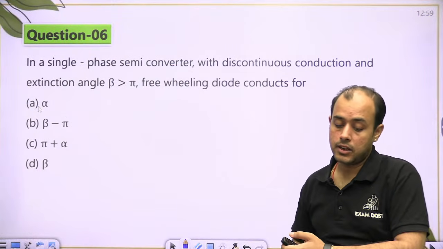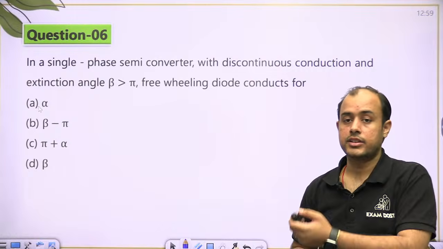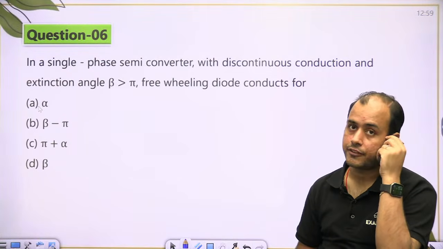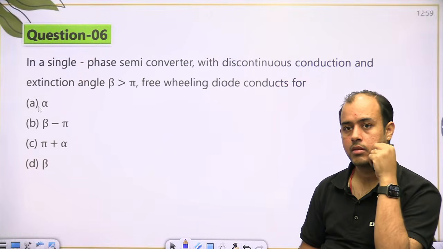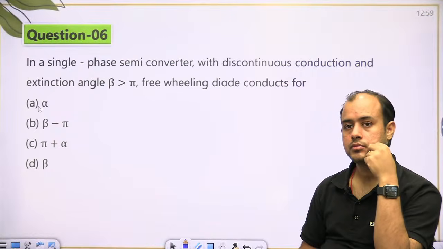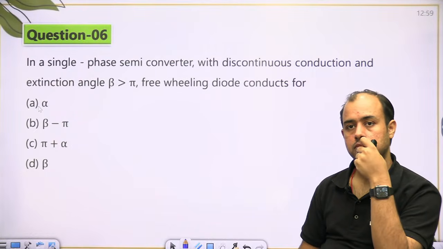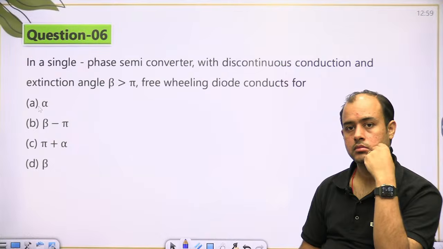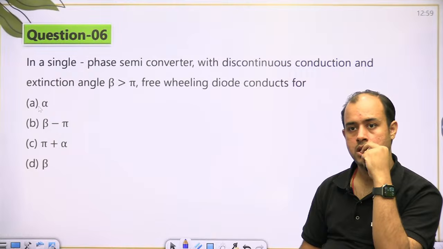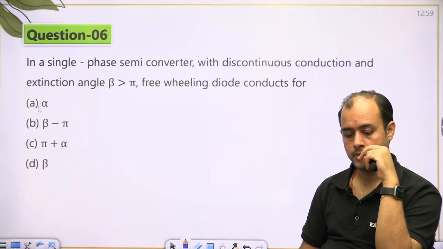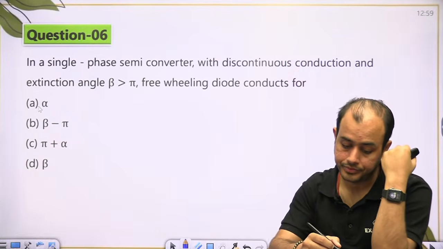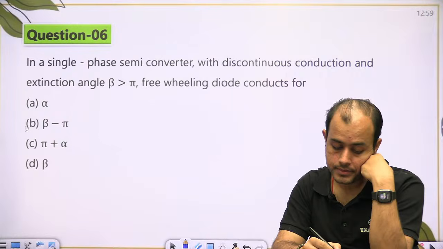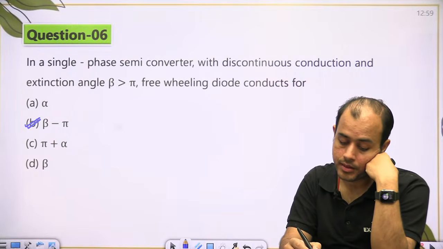चलो next. In a single phase semi converter with discontinuous conduction and beta greater than pi, the freewheeling diode conducts for beta minus pi.